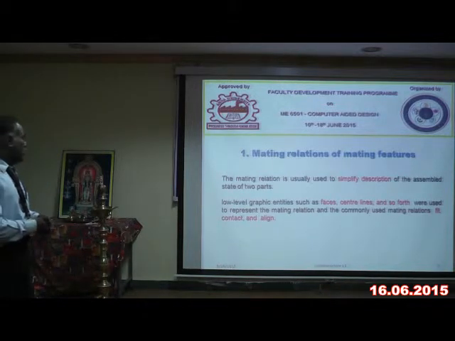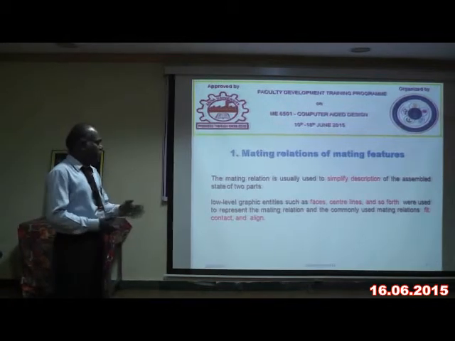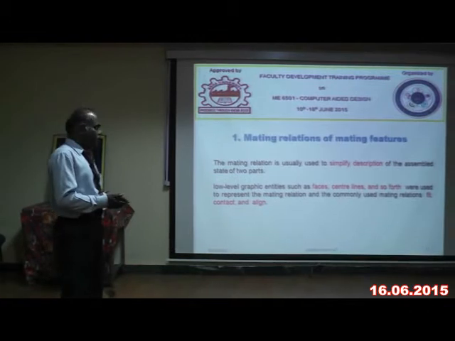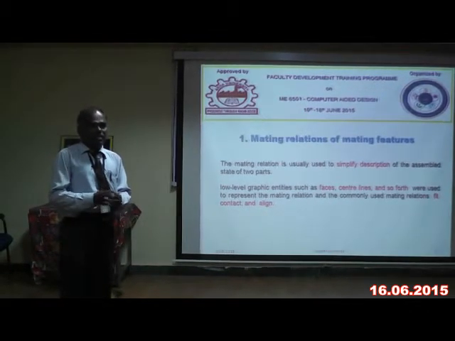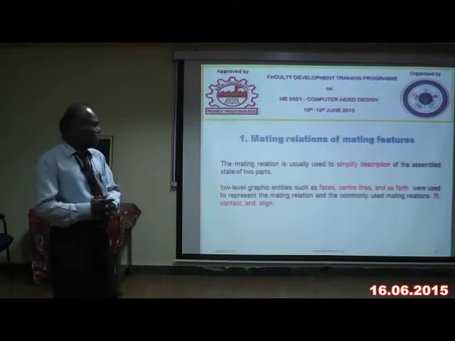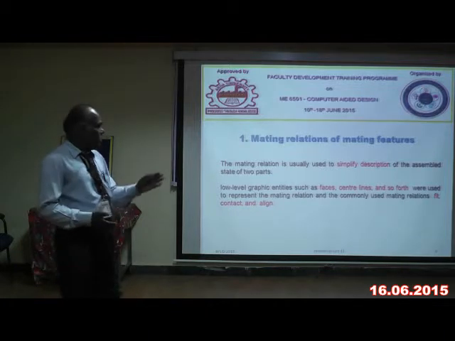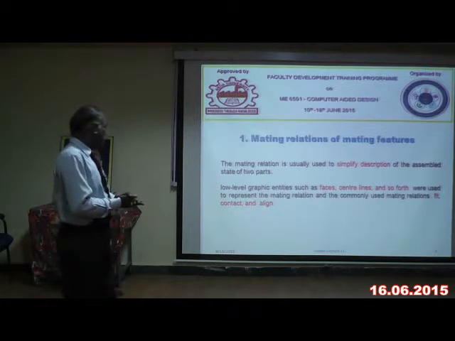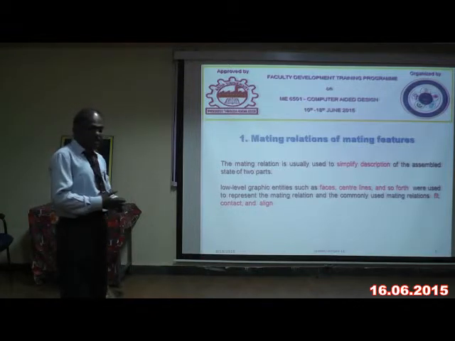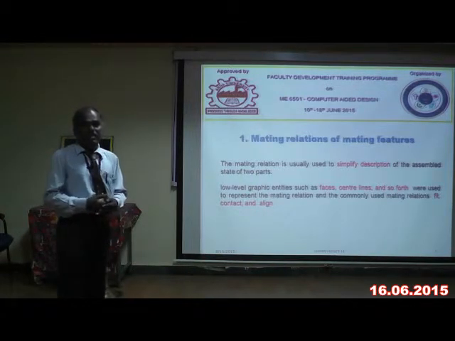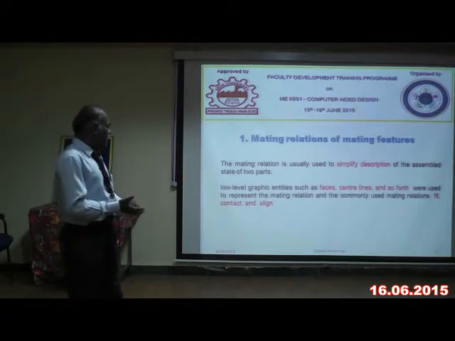First issue, the mating relation is usually used to simplify the description of the assembled state of two parts. Whenever we first take two parts, male and female, now we are going to assemble them together, and then the simple descriptions. Low-level graphics indicate such as spaces, earlier by the homogeneous matrices, needed faces.